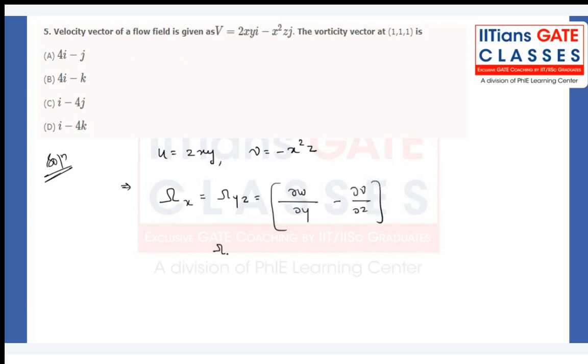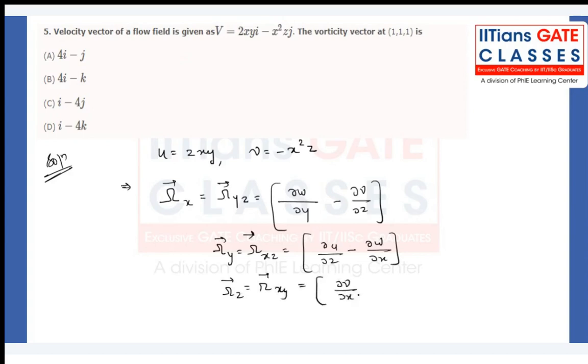What is it about the y-axis? What is it about xz? This we can write dou u by dou z, minus dou w by dou x. And about the z-axis, dou v by dou x minus dou u by dou y.